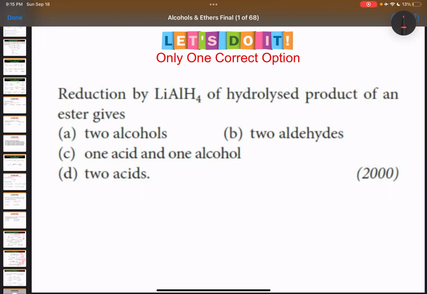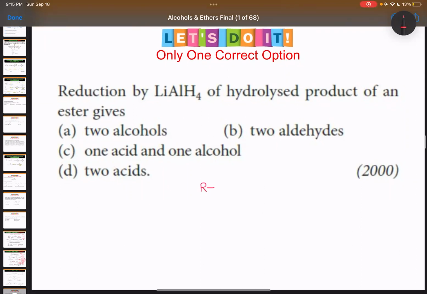Yes, Amara. LAH upon reduction of esters. So what's the mechanism?